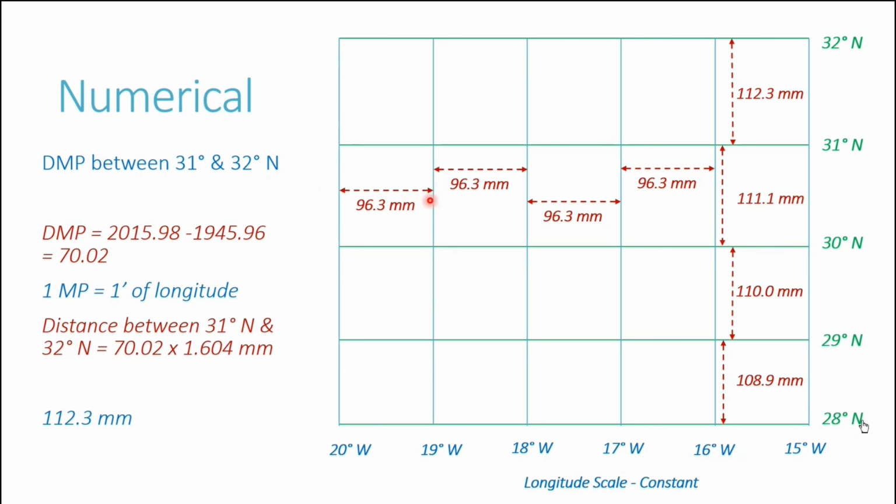And in the graticule, you can represent all these distances in millimeters exactly as they are shown in this particular diagram. So this may not be accurate to scale. This will not exactly be 96.3 millimeters, but you can keep it as 9.6 millimeters or 1 centimeter, and you can mark off all these distances.